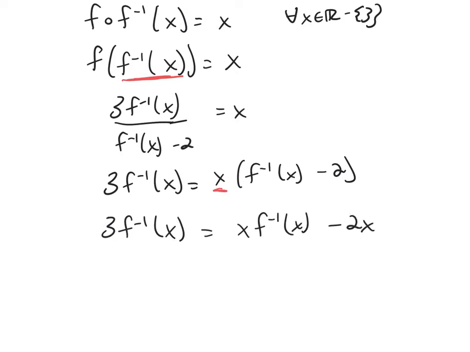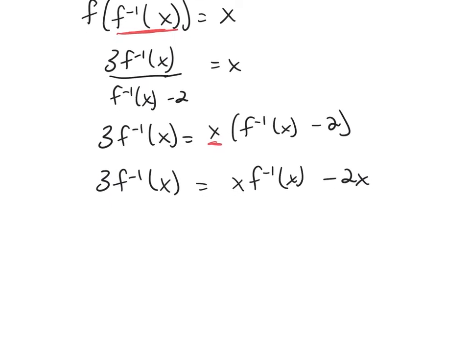And then we want to solve for f inverse x, so let's get f inverse x on one side. I'm going to move the 2x over to the left and move the 3 f inverse x to the right.